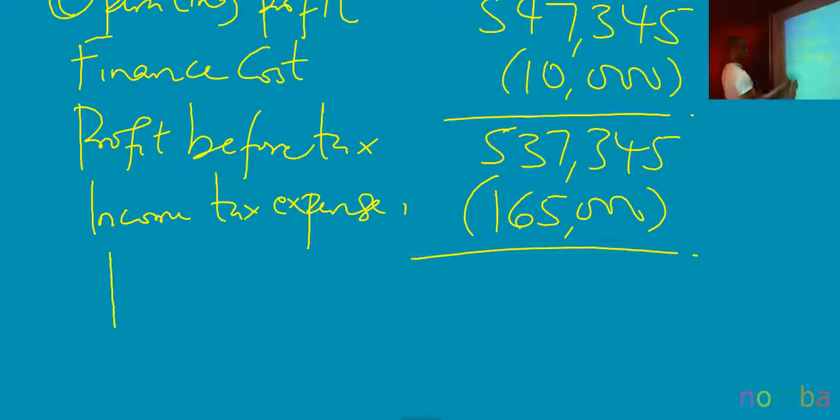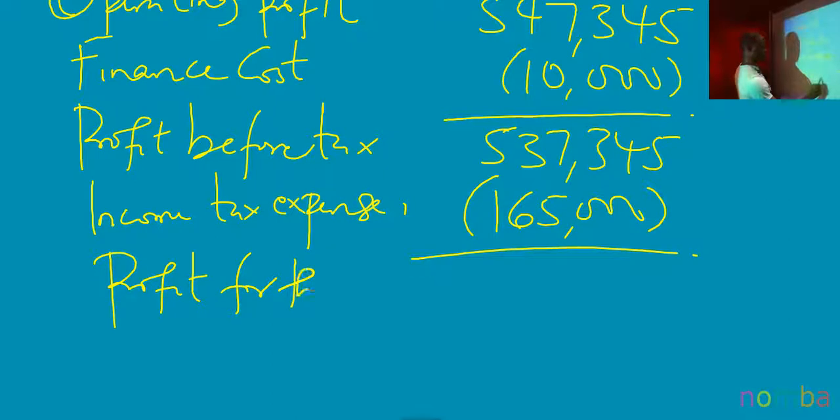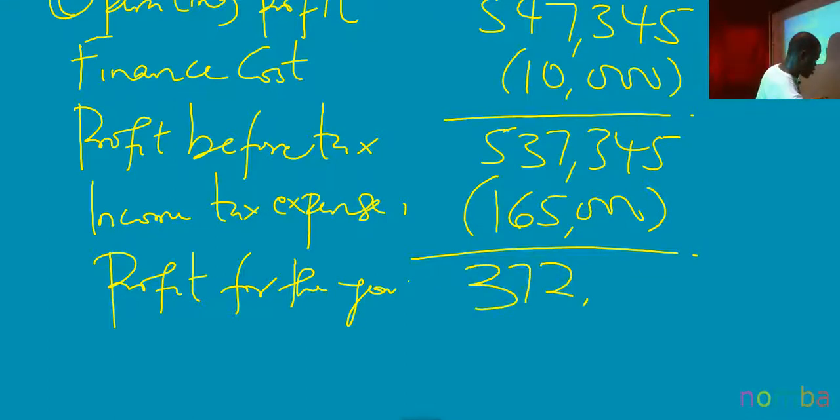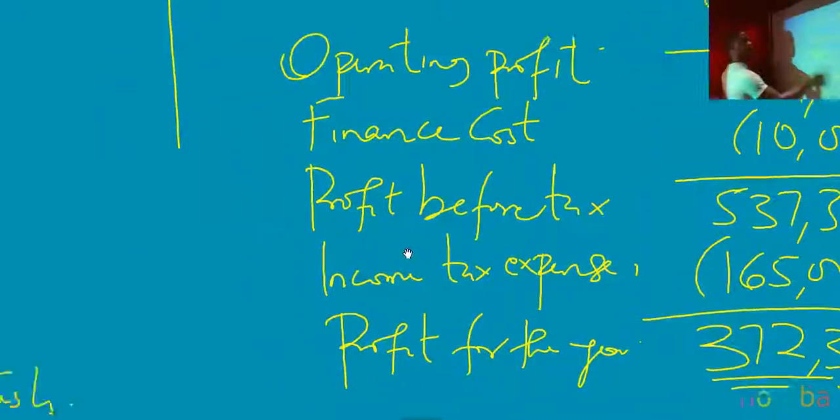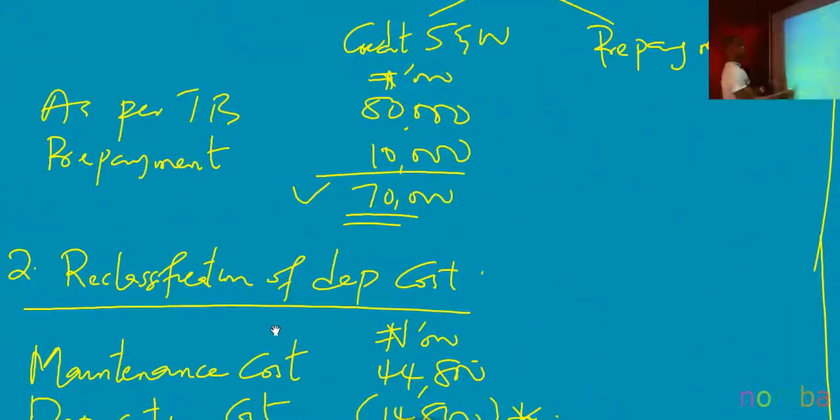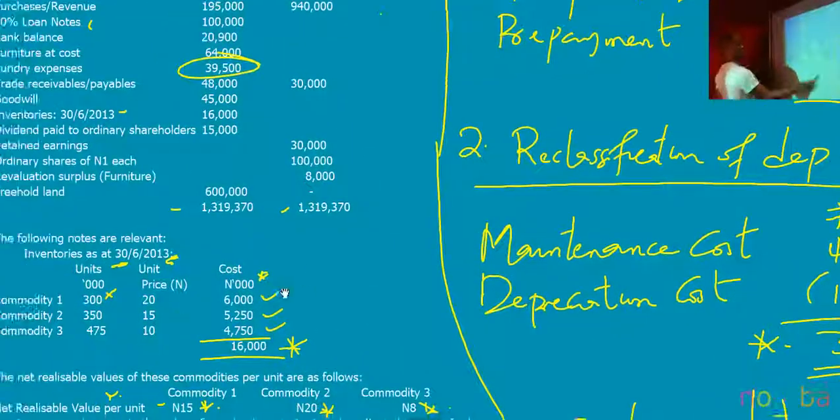Then I'll get my profit for the year, which is 537,345 minus 165,000, and that gives me 372,345. Okay. So I've prepared my statement of profit or loss.